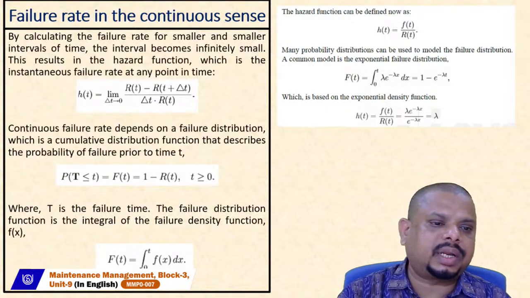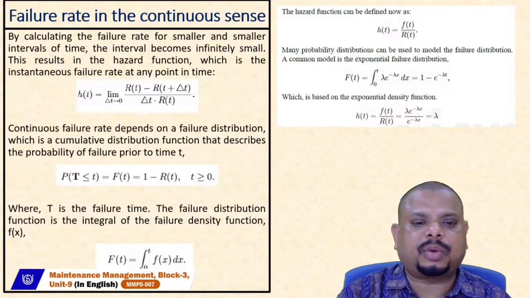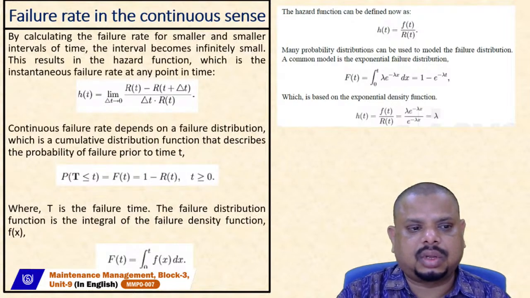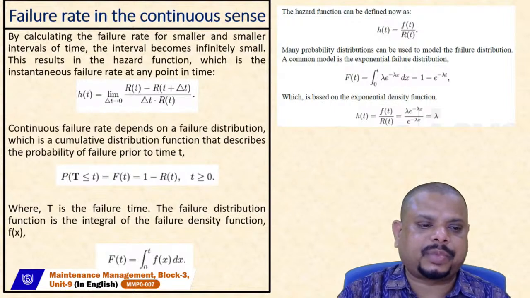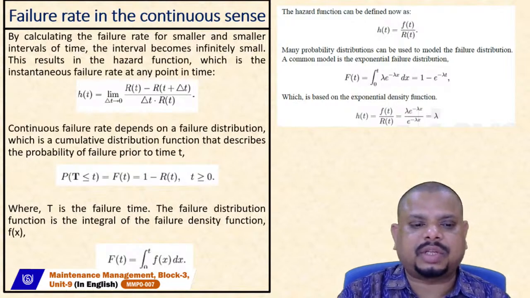Similarly, continuous failure rate depends upon the failure distribution, which is a cumulative distribution function that describes the probability of failure prior to time t. So P(capital T less than or equal to t) equals F(t), and F(t) is expressed as 1 minus R(t), where t is greater than or equal to 0. This is equation number 2 for failure rate in case of continuous cells.